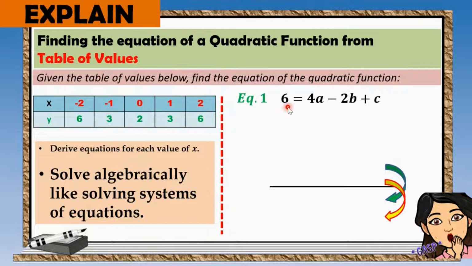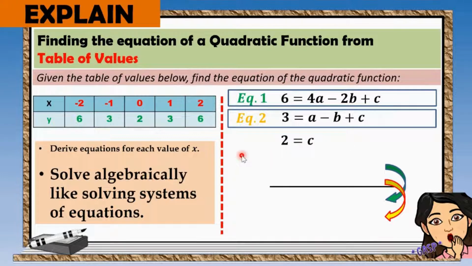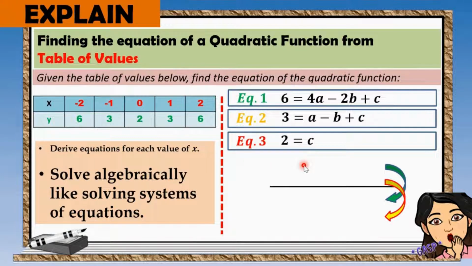Ito pa rin yung equation 1 natin. 6 equals 4a minus 2b plus c. Then, equation 2 is 3 equals a minus b plus c. Then, equation 3 is 2 equals c. Since meron na tayong value ng c, isa-substitute natin ngayon yung c equals 2 doon sa equation 1 and sa equation 2. So, kung mapapansin nyo, meron na ako dito nilagay na 2 kasi ito yung value ng c.